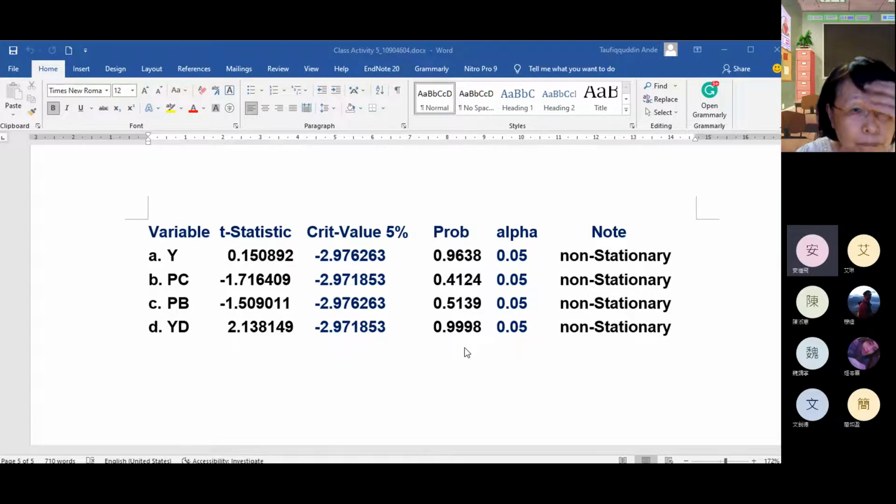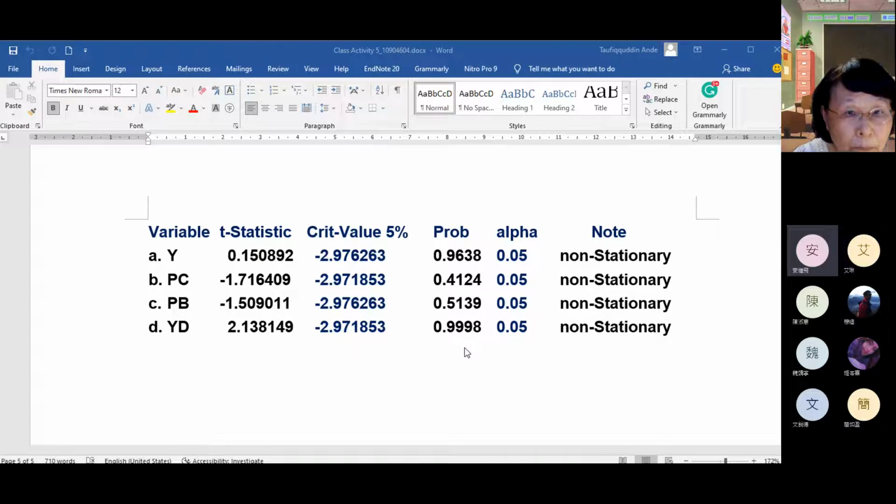For variable PC, negative 1.71649, and the critical value at 5% is negative 2.971853, probability 0.4124, and alpha is still the same, 0.05, non-stationary. Also for variable PB, the t-statistic is negative 1.509099, critical value negative 2.976263, probability 0.5139, alpha 0.05, which means non-stationary.